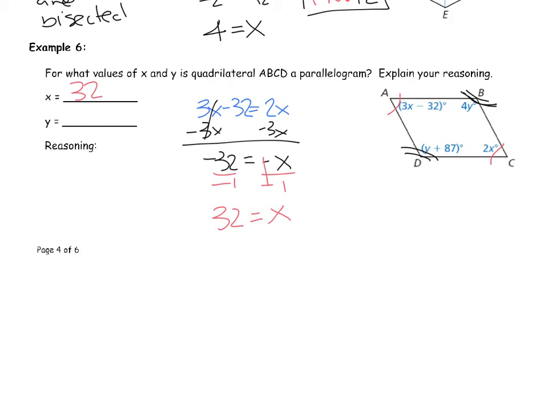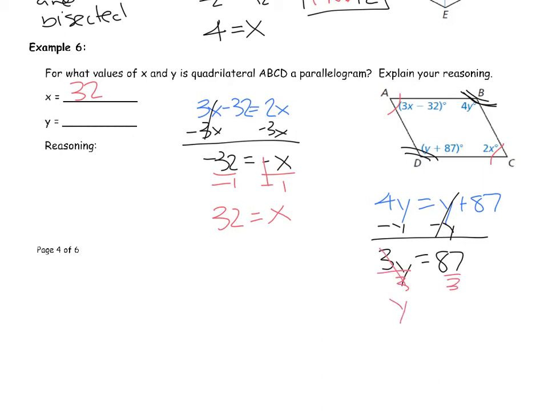So that's angle D and angle B are congruent. So 4y equals y plus 87. I'm going to subtract y from both sides. Left with 3y equals 87, those canceled out. Last step is going to be to divide both sides by 3. And we get that y equals 29.